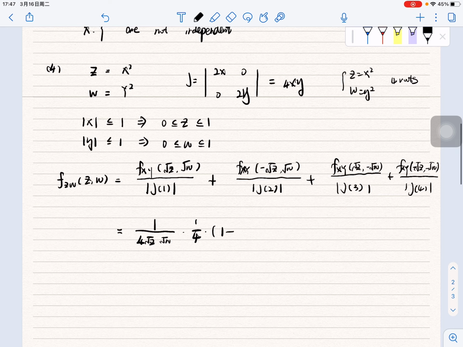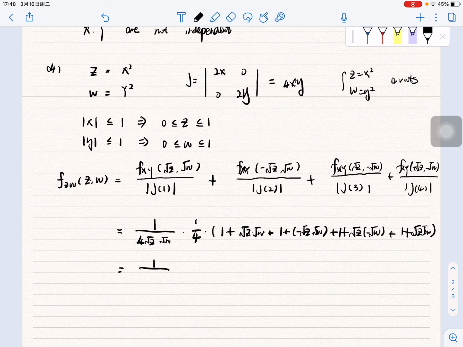1 divide 4, and then 1 plus root z root w, and 1 plus minus root z root w, 1 plus root z minus root w, and 1 plus root z root w. And then we can get the answer.